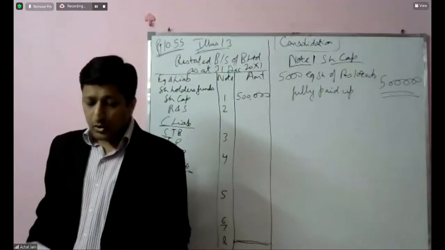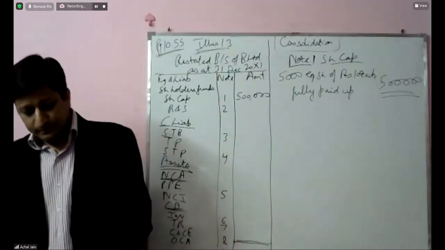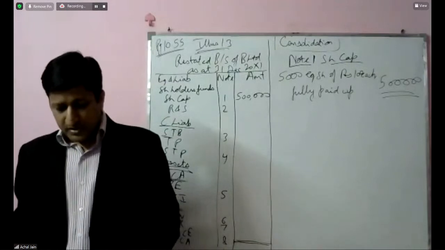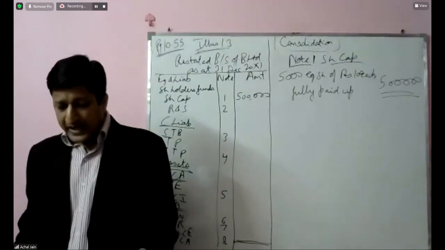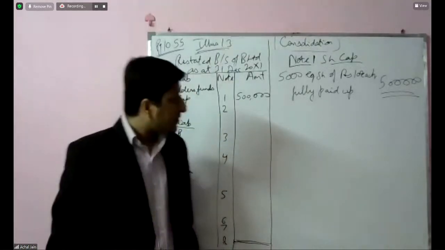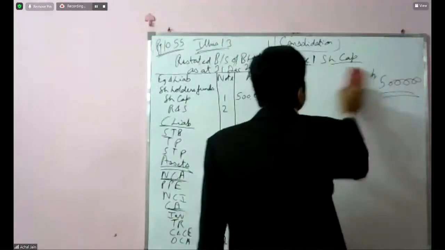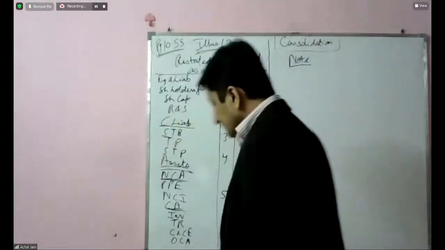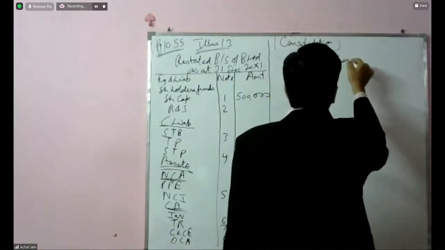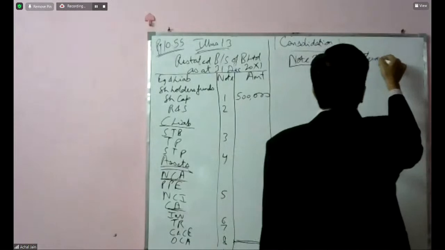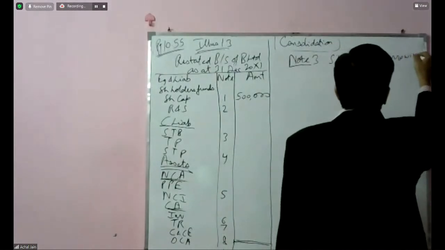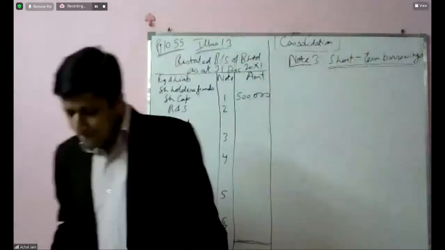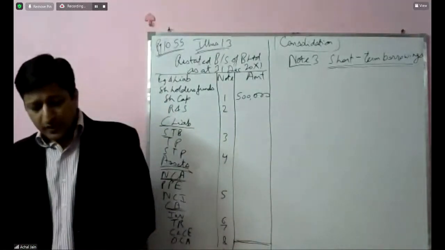So I'm jumping on to note number 3 now. Note number 3 is for short-term borrowings. This is again kind of direct, but still we can put this information. And in case of short-term borrowings, what do we have?